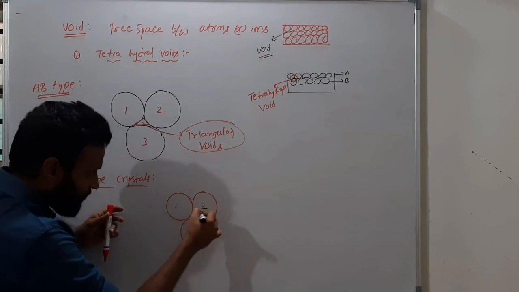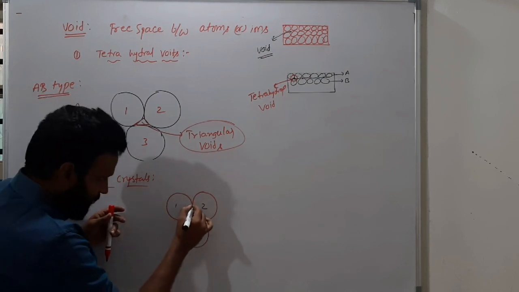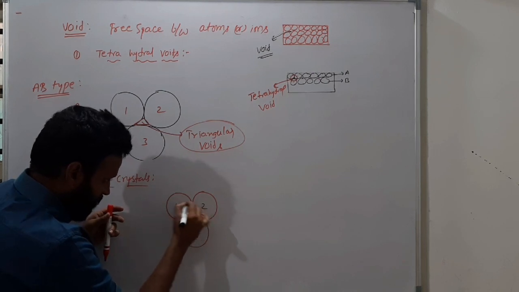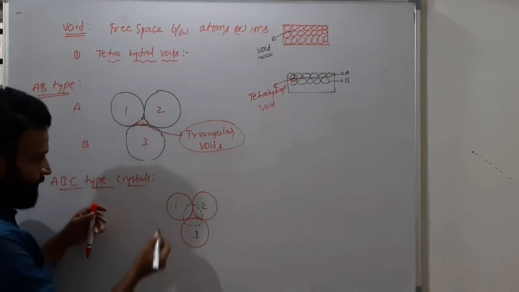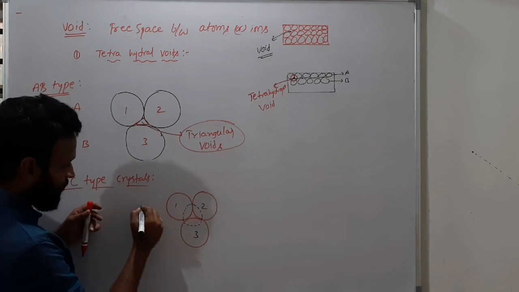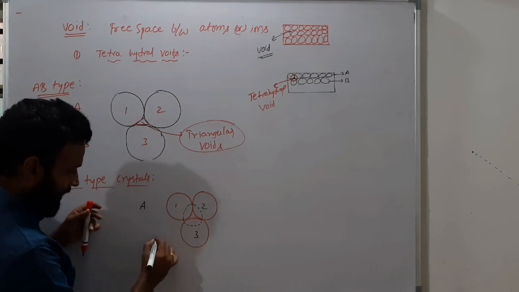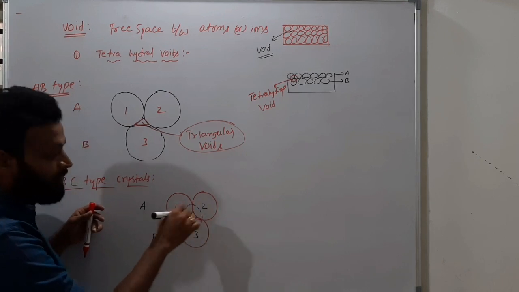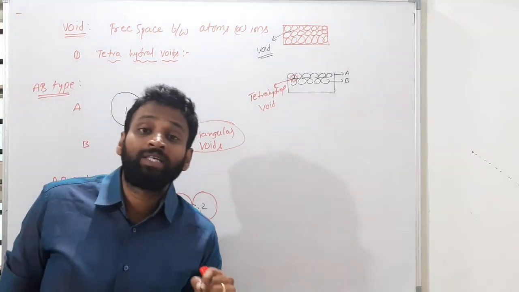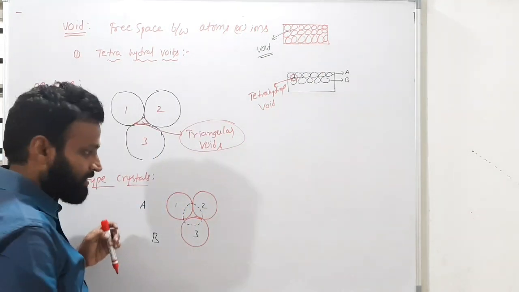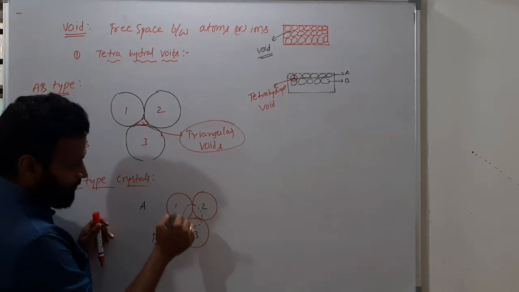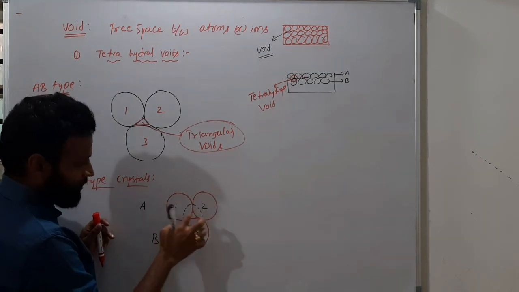Above these three atoms you have a fourth atom. These red atoms belong to the A layer. This third atom belongs to the B layer. The dotted line is a black sphere, since I am considering atoms or ions as spheres. So these three are 1, 2, 3 and this one is 4.